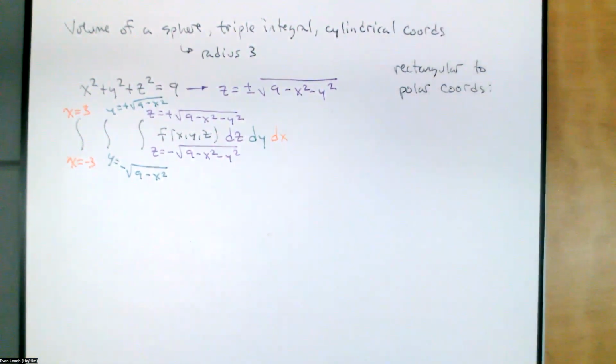The z is the same. If we're going to switch from rectangular to polar coordinates, I'm going to need to translate x and y into r and theta.